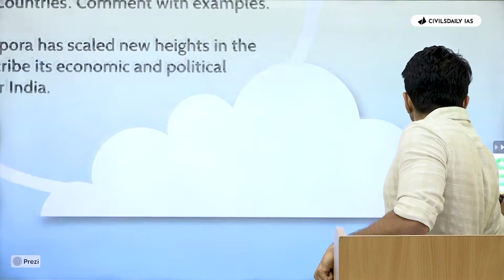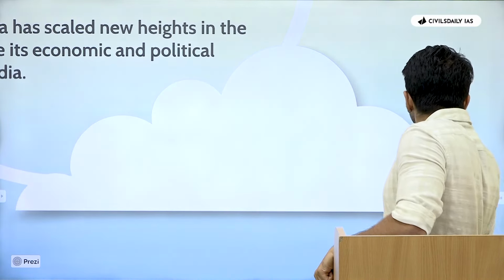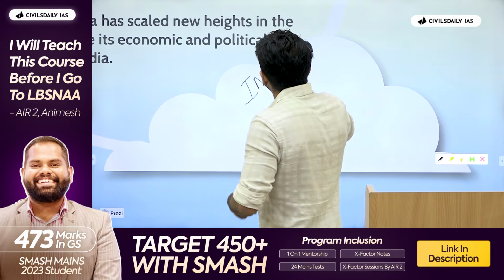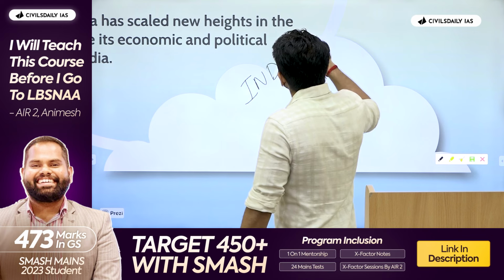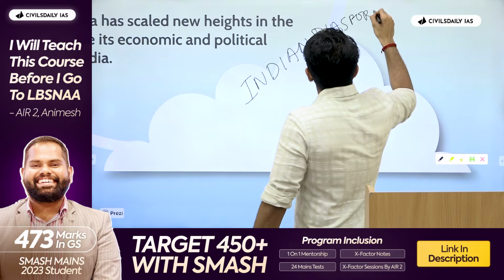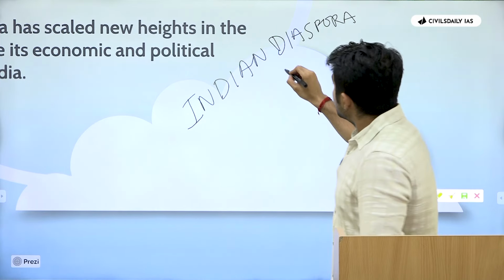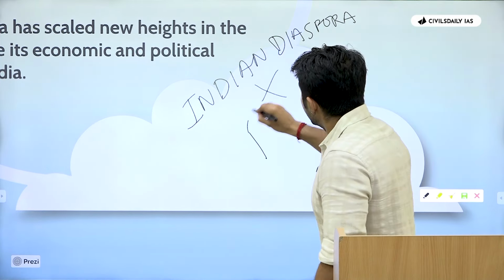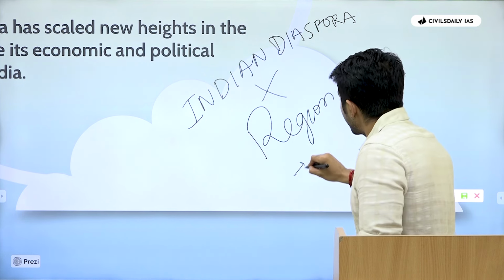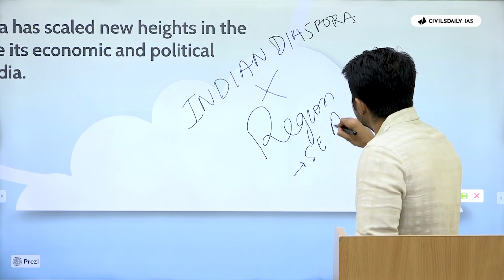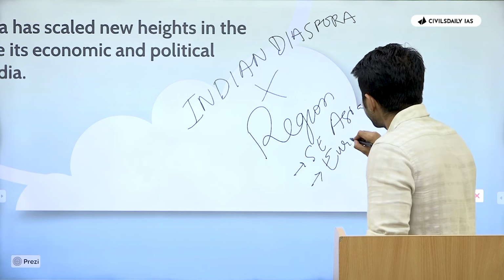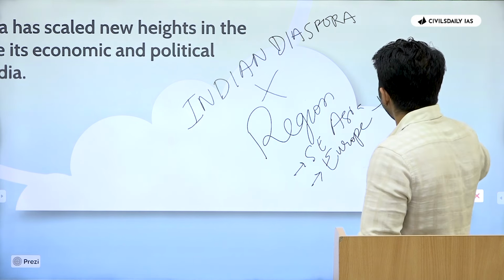So if I had to show you the questions on Indian diaspora, how they have appeared, it is usually Indian diaspora with respect to a particular region, be it Southeast Asia or Europe and Americas.